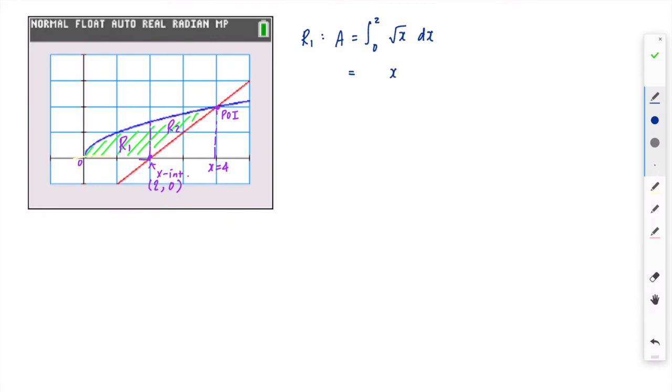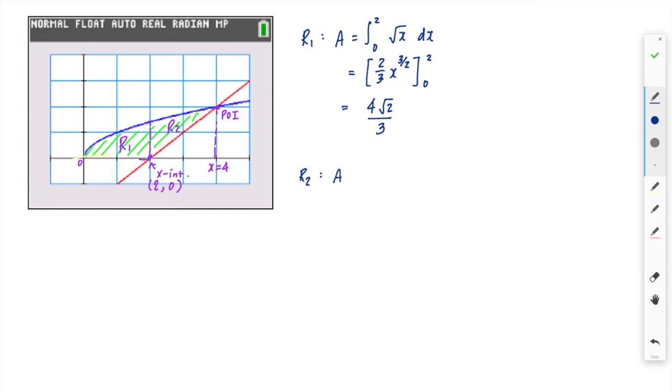So this is going to be square root of x cubed, times 2/3, evaluating from 0 to 2. That means I have the square root of 2 cubed. So square root of 2 times square root of 2 is actually 2. So 4 root 2 over 3.